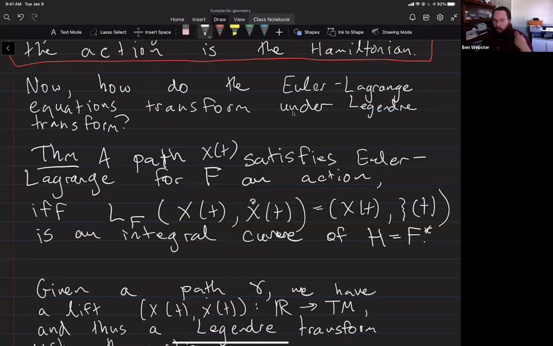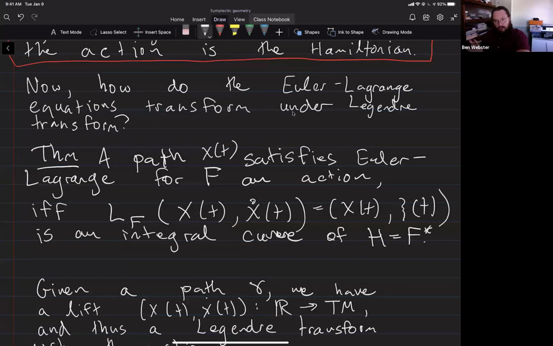Okay, so the words I'm using here all come from physics, but this is an abstract result about differential geometry. If I have an action on the tangent bundle, it has to be strictly convex along the fibers.